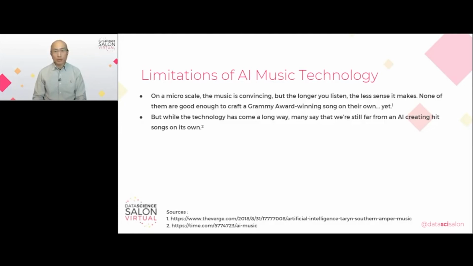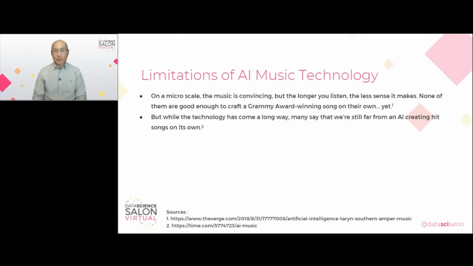Here's a quote from Verge magazine, which states that on a micro scale, the music is convincing, but the longer you listen, the less sense it makes. None of them are good enough to craft a Grammy Award-winning song on their own yet. And here's a quote from Time magazine, which states that while the technology has come a long way, many say that we're still far from an AI creating hit songs on its own.